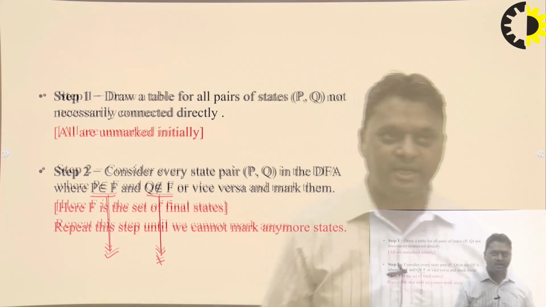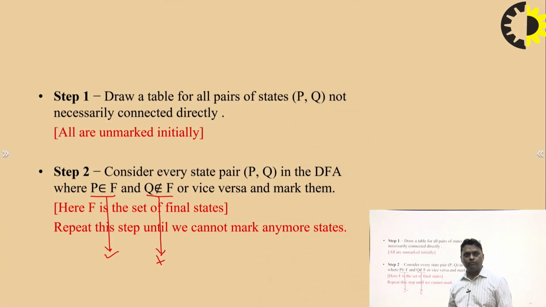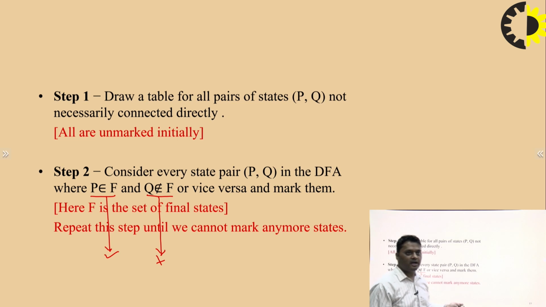Consider every pair of states in the DFA where one state belongs to the final states and one state does not belong to the final states, or vice versa. As written here, P belongs to F and Q does not belong to F, where F represents the final states, and P and Q represent states.